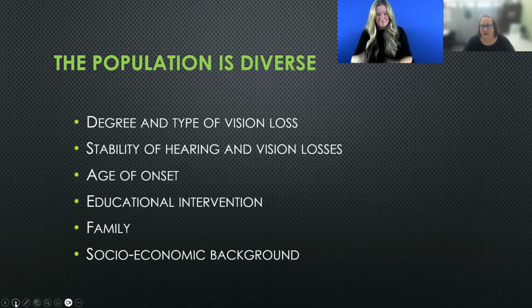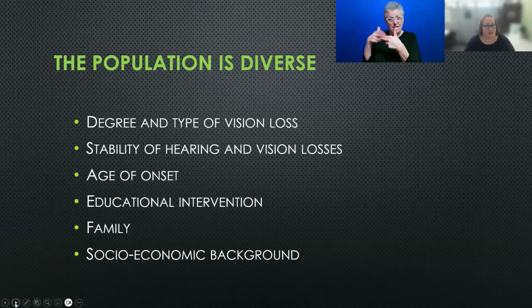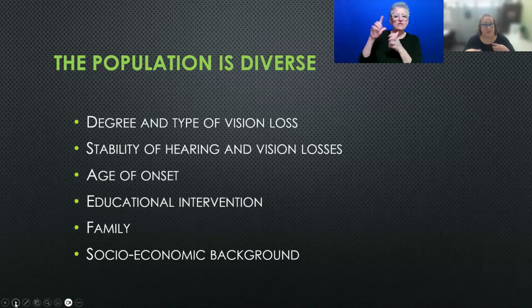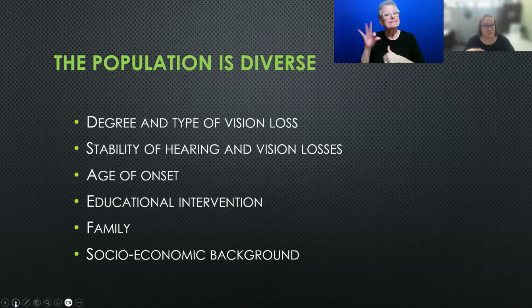Up here on the slide are just some of the ways that the population is diverse. You have lots of degrees of vision loss and hearing loss that do qualify. Virtually any hearing loss, and as long as the vision loss cannot be completely corrected with glasses or contacts, then that person is probably eligible.